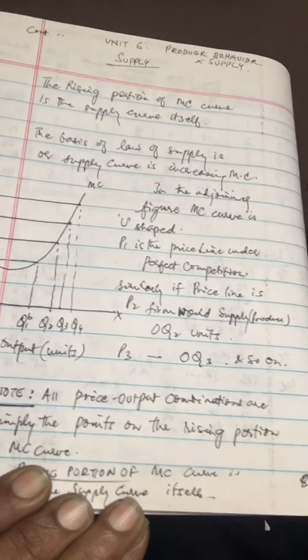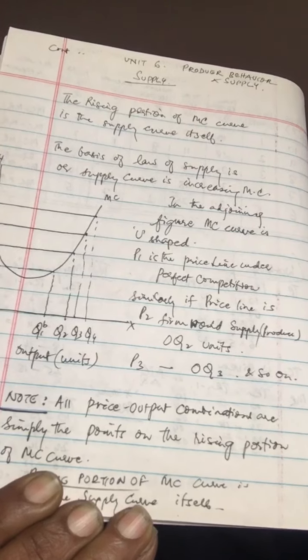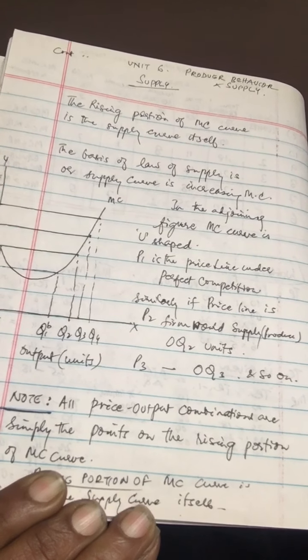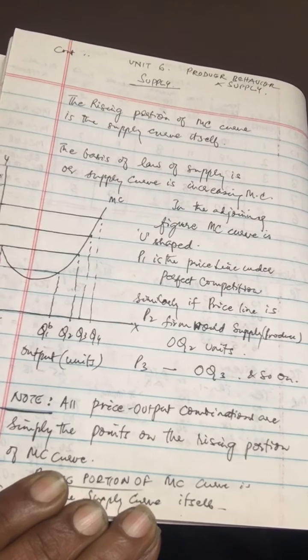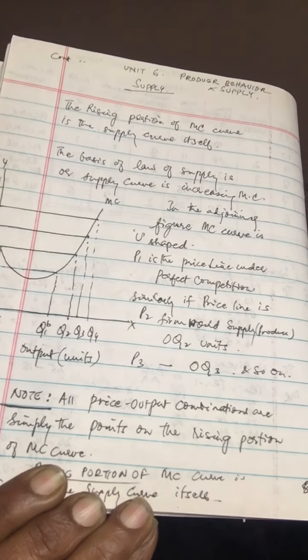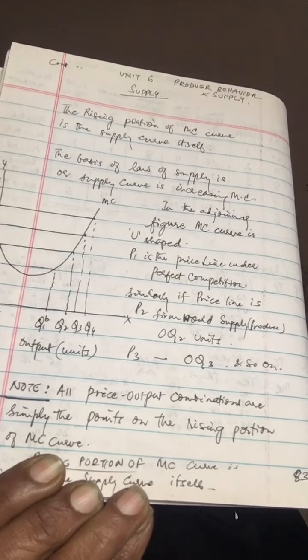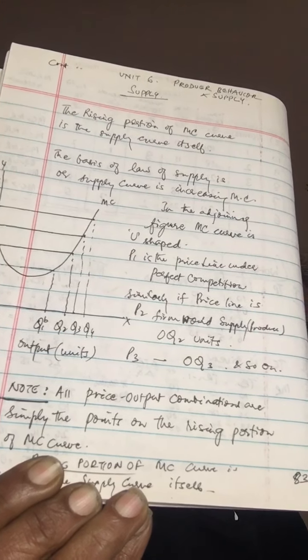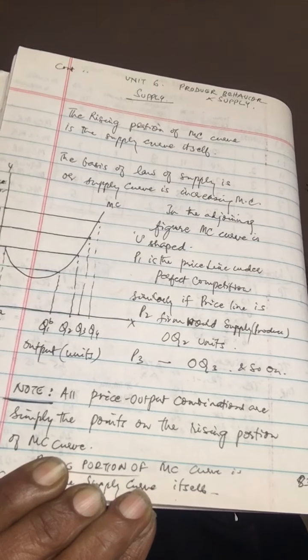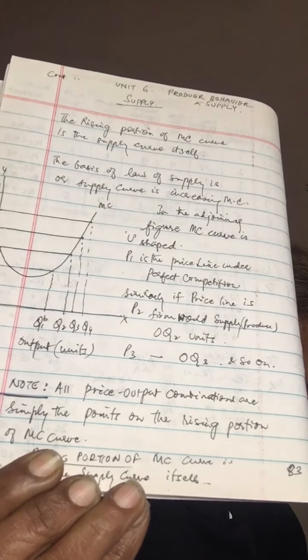When we were doing producer's equilibrium, we talked about the place where marginal cost is equal to marginal revenue, which is equal to average revenue, which is equal to price. That is the point of equilibrium. Another thing was that the MC curve must cut the AR equal to MR equal to price curve from below, not from above.